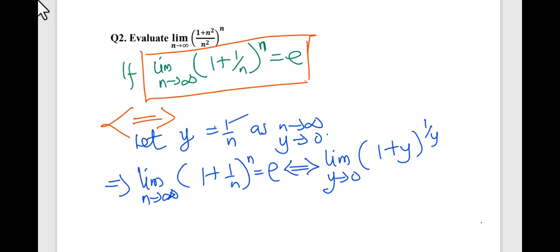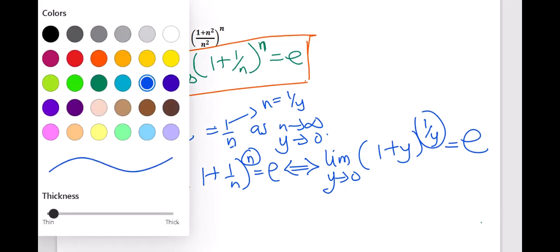Here we can make n the subject, and we have n equals 1 over y. So the power here we are replacing with 1 over y, and all this should equal e. So you take note of this one too.